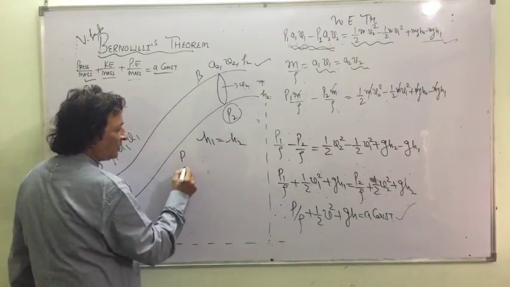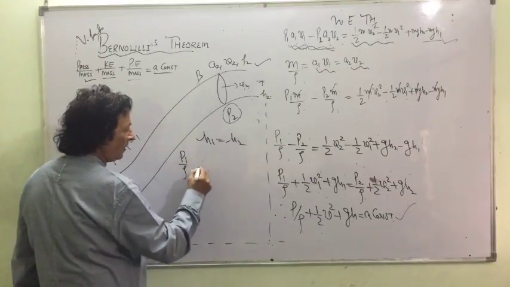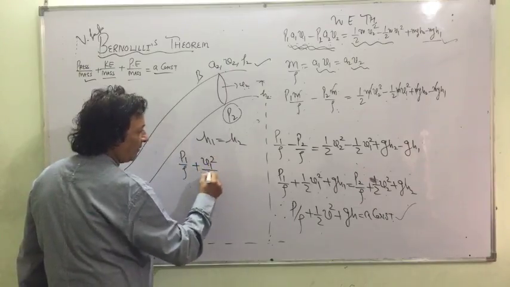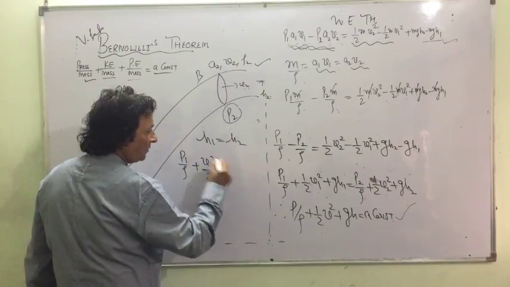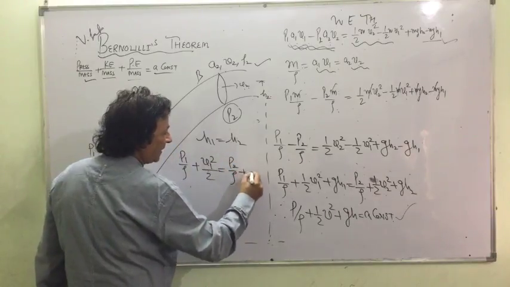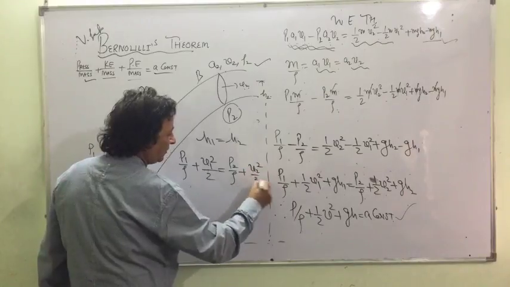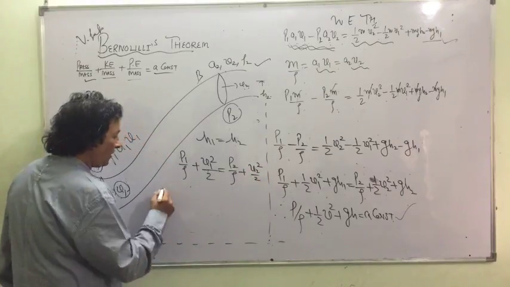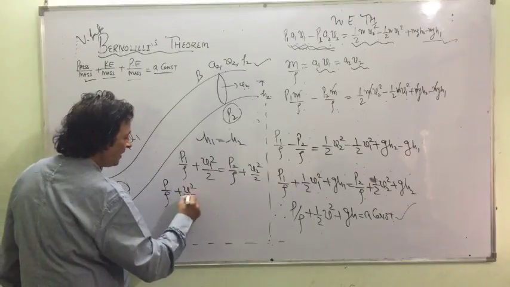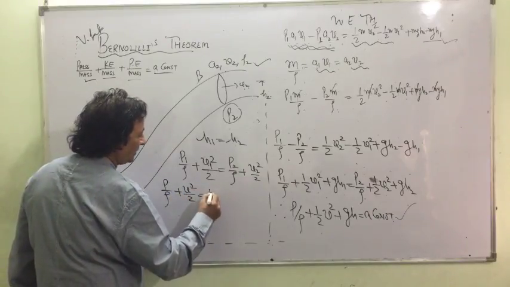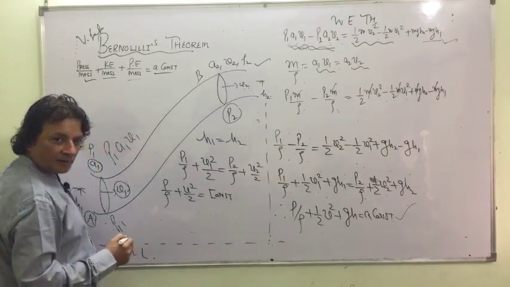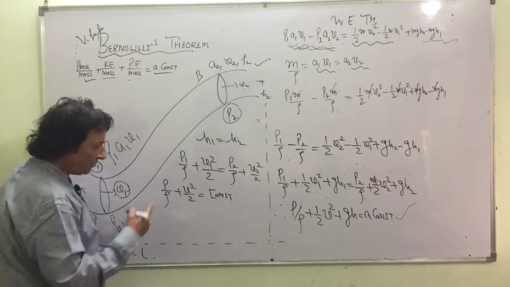Therefore, P1 upon rho plus V1 square upon 2 equals P2 upon rho plus V2 square upon 2, or you can say P upon rho plus V square upon 2 is a constant. What is this? A constant. Are you getting what I am saying?